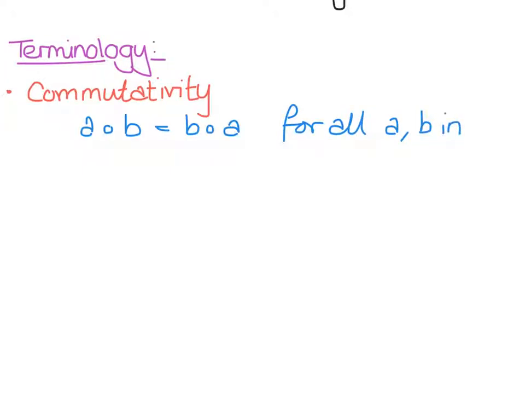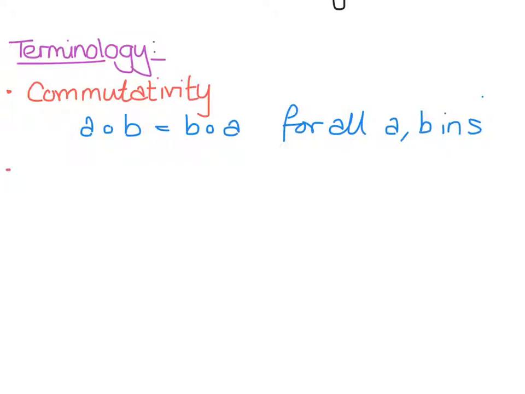And I'm going to call the set S. This means that if the binary operation applied to A and B is the same as the binary operation applied to B and A for all A and B in S, then it is commutative. For example, addition is generally commutative, as, say, 2 plus 3 equals 3 plus 2. If this does not hold true, then it's not commutative.